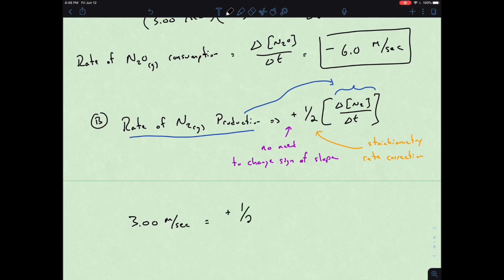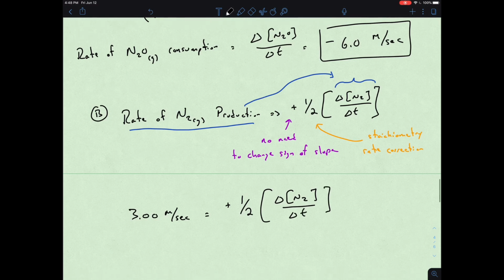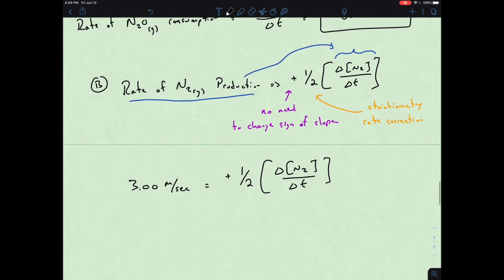In terms of relating it to our product, specifically the nitrogen gas product, we would set it equal to this expression. So very much similar to what we did before, right?